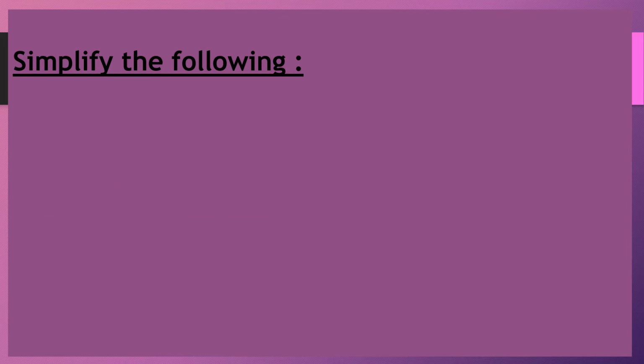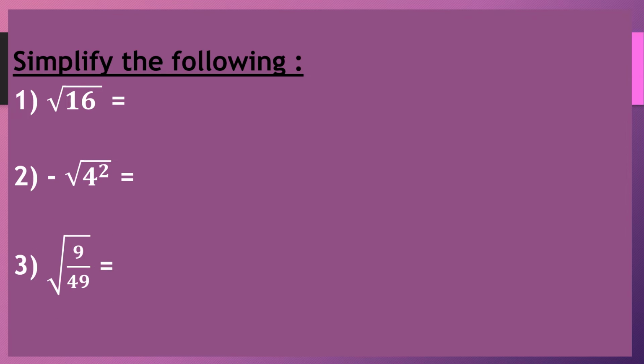Simplify the following. Square root of 16 is what? Negative square root of 4 power 2. Square root of 9 over 49. First one, the square root of 16 is 4 because 4 times 4 is 16.